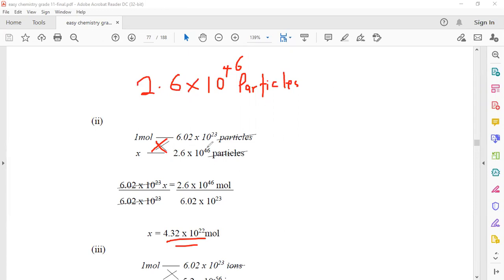If you're not comfortable with this relationship, you can say number of moles is equal to n divided by Avogadro constant. So your number of moles will be equal to what number have we been given of that elementary entity. So we are given 2.6 times 10 to the power 46 particles.